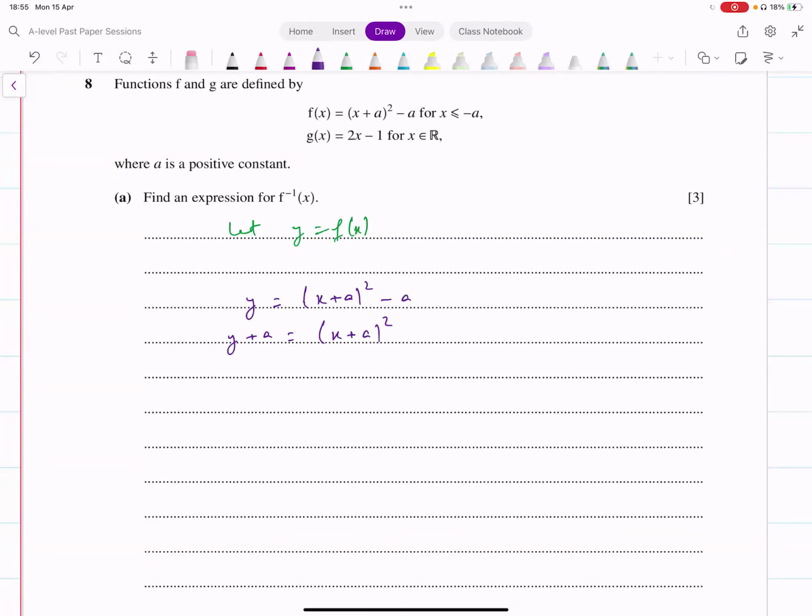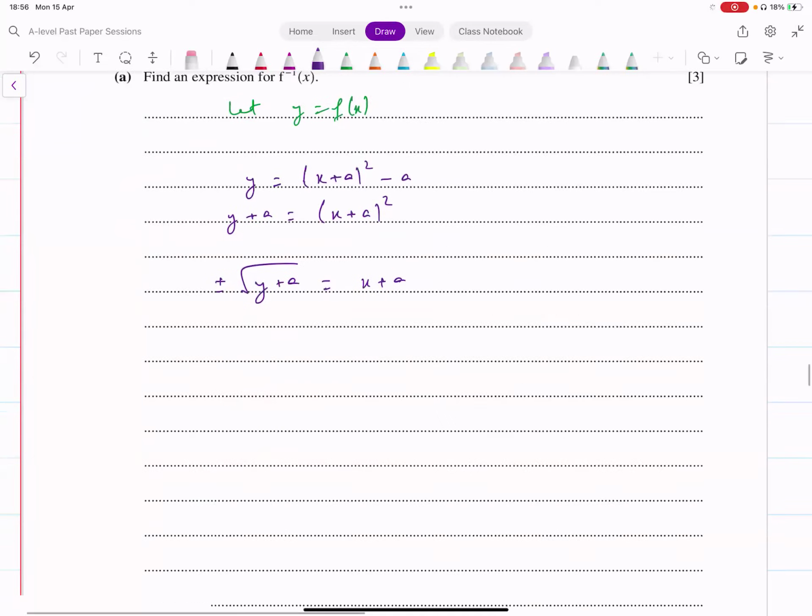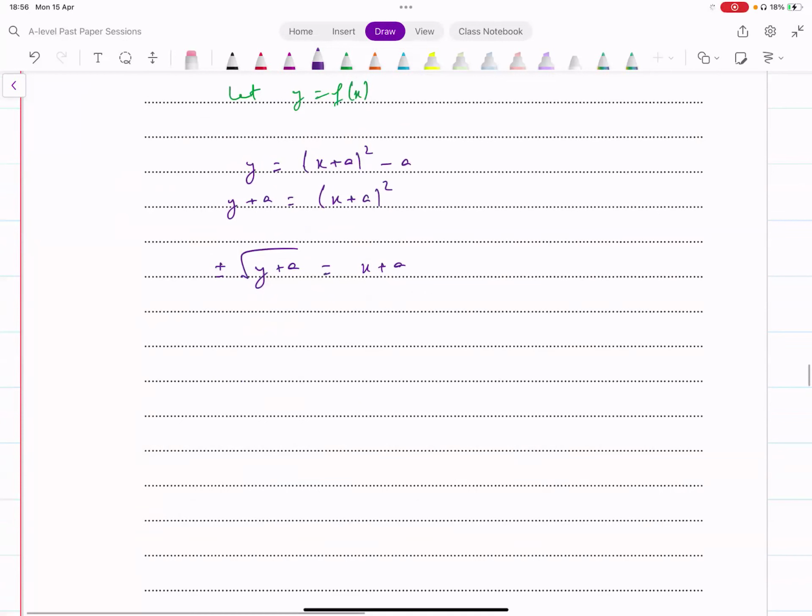And now you take square root on both sides. But remember, whenever we take square root, we have to put plus minus, right? So it becomes plus minus square root of y plus a, and that becomes x plus a on the other side. Now take a to the other side. So it becomes x equals minus a plus minus square root of y plus a.